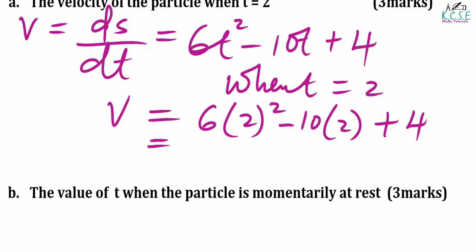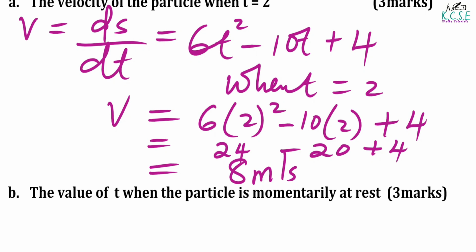When you multiply these, you get 24 minus 20 plus 4. Working out 24 plus 4 minus 20, this gives 8 meters per second. So that is how we work out the first part of the question.